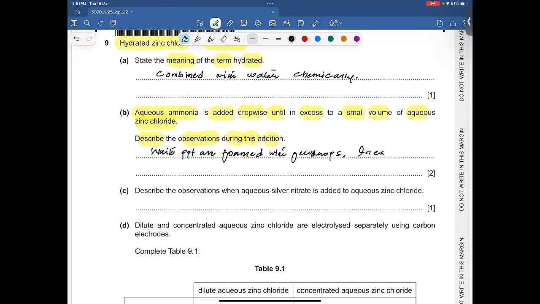In excess aqueous ammonia, the white precipitates are soluble to give a colorless solution.